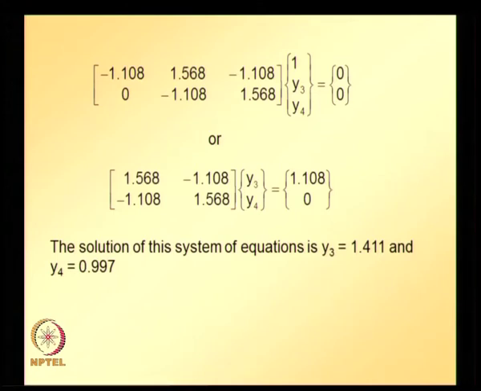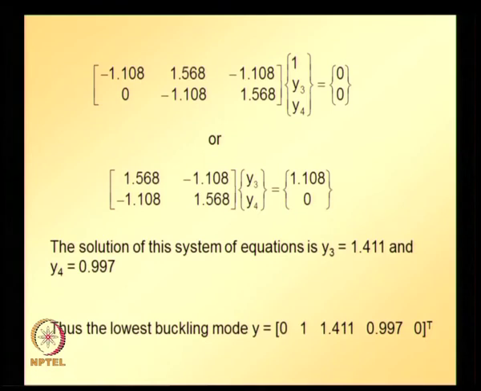So, the lowest buckling mode, by putting all the values y1, y2, y3, y4 and y5 in a vector, we get the first or the lowest buckling mode vector like this.